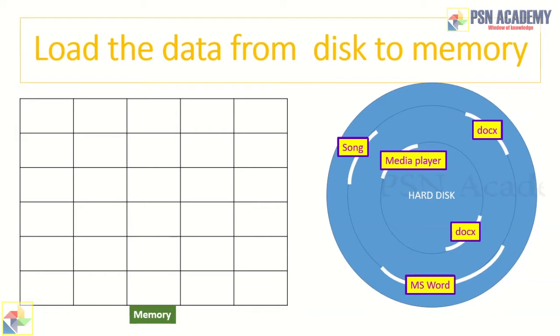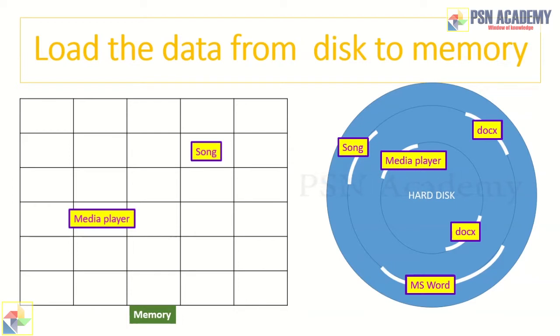The media player is loaded to memory as well as the song file. Now, one thing to be noticed here is that the song file on which the media player will do some processing does not necessarily need to be located adjacent to the media player's location. So it may find any vacant space over the memory.